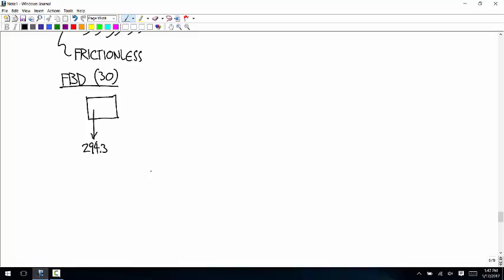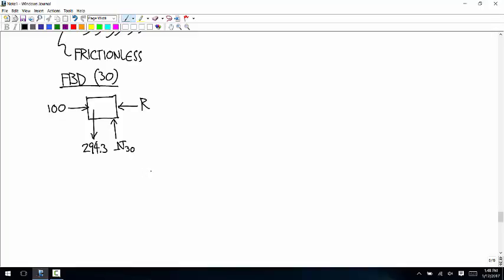A frictionless contact is just a normal force, so I'll call that N30. The contact force between the 30 and the 50, they're pushing on each other, so both of those two forces are toward the chosen body. I'll write that like that. And then the only other force is the 100. Any questions about that one?